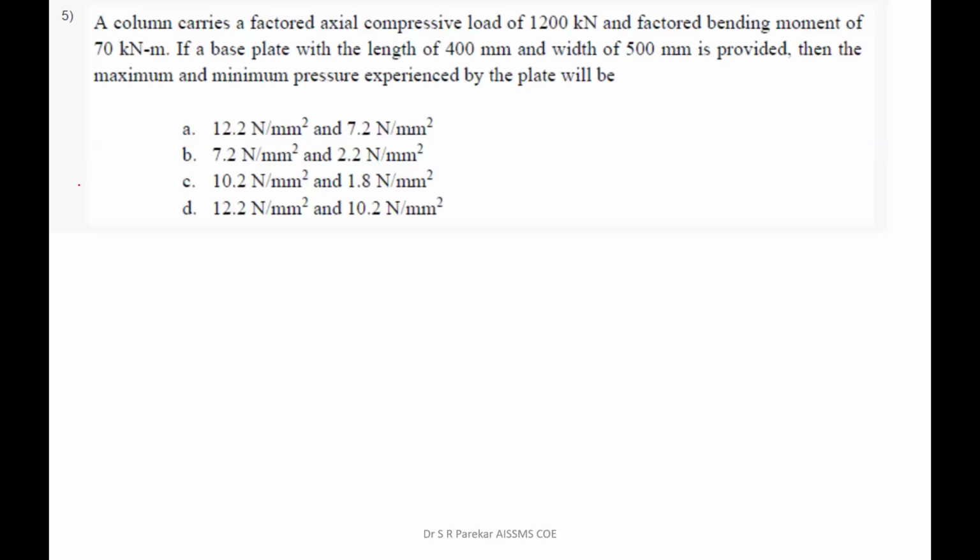Now, if you remember, in case of eccentric column, we have sigma max and sigma min equal to P by A plus minus M by I into Y. That is P by A plus minus M by Z, because we have Z equal to I by Y. And from this we will get the values of sigma max and sigma min.